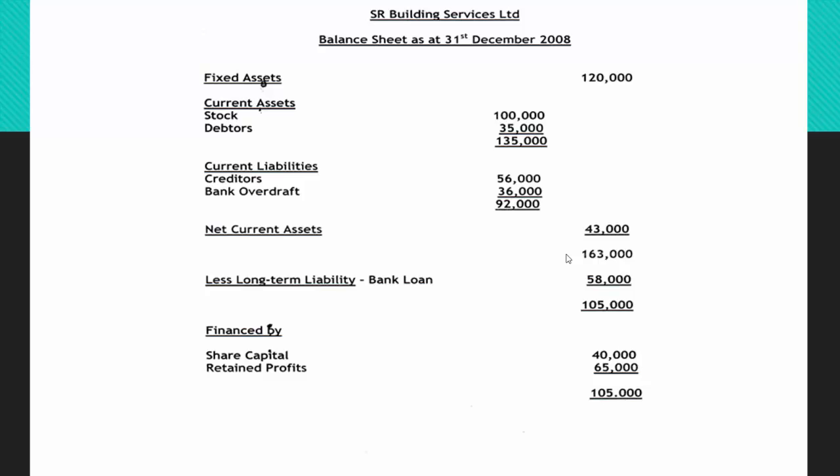So this business over the next 12 months is going to need to pay people £92,000, but actually we're only expecting to get £35,000 from our debtors, and there's no indication of any cash in the current assets. We've got no money to pay. So if our bank overdraft is asked for immediately, there's no money there to pay it. If the creditors need the money before our debtors give us the money, there's no money to pay it.